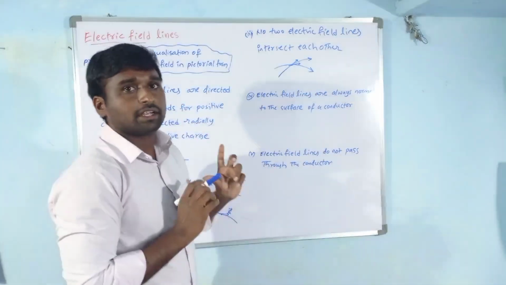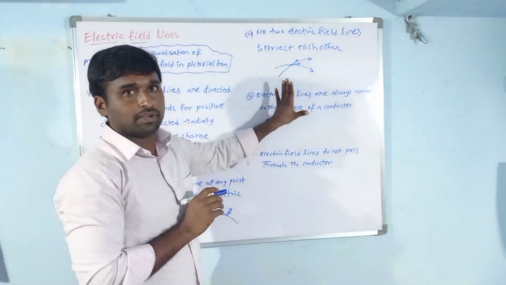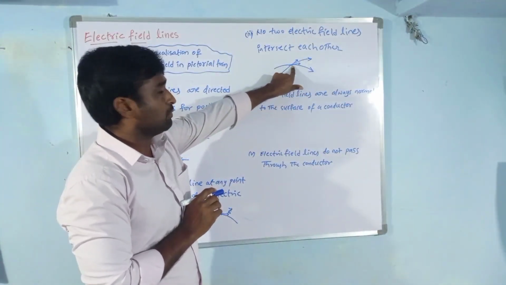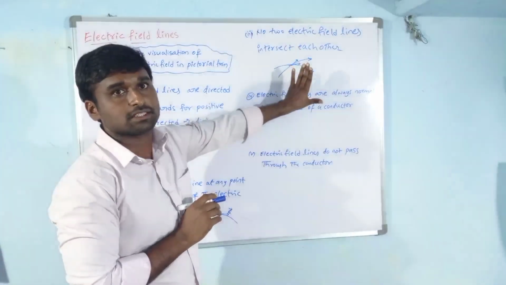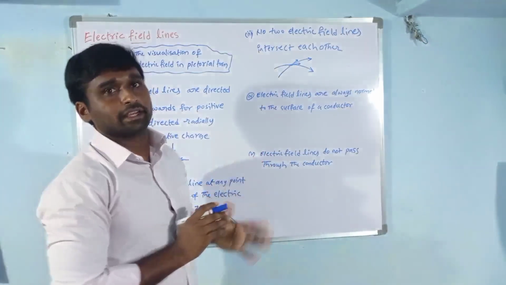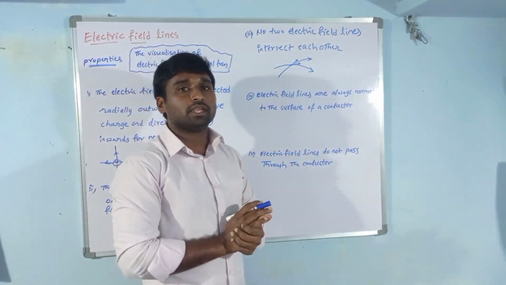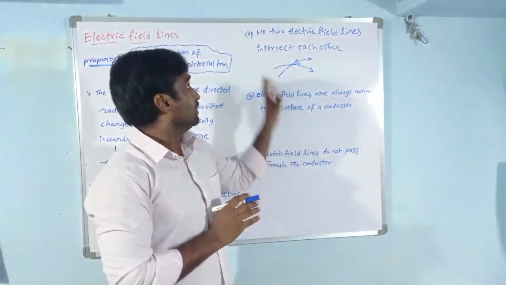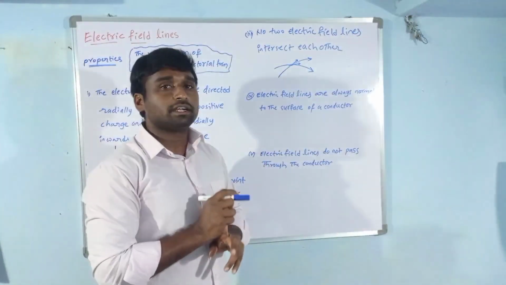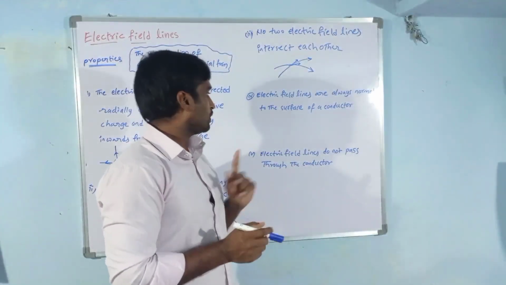By taking a tangent on each line, we can find the direction of the electric field. Here at this one point it has two directions, so that is not possible. A single point gives a single direction only. That's why no two electric field lines intersect each other. This is the third property.